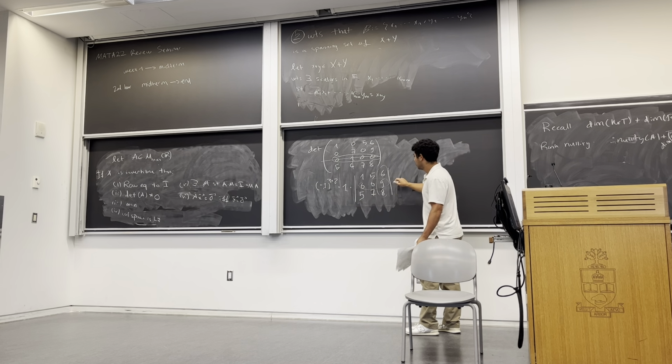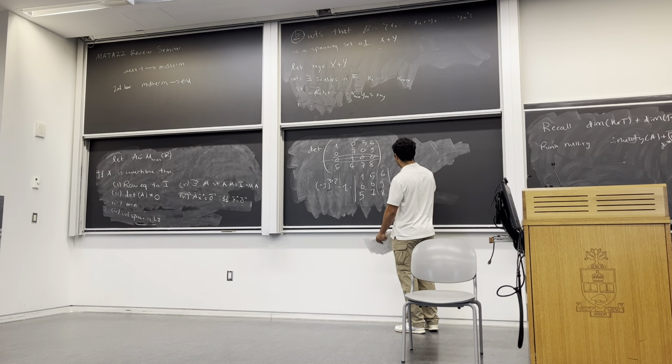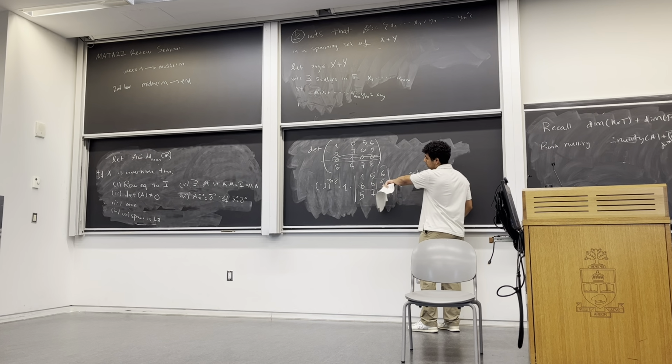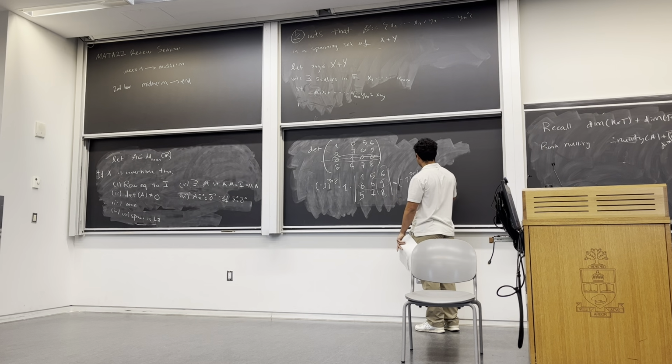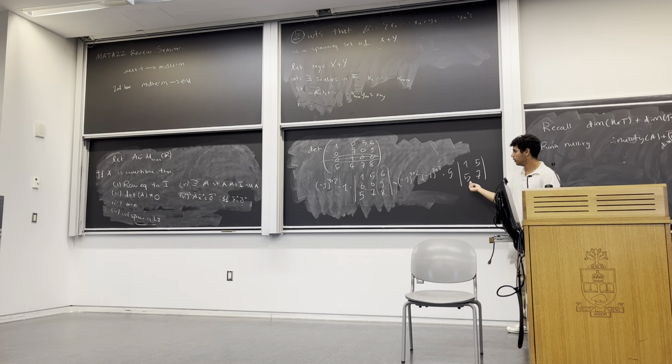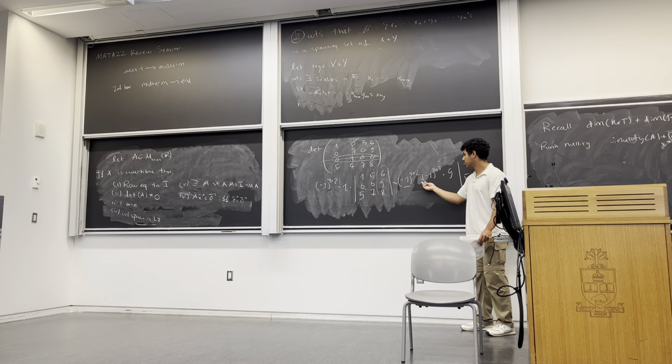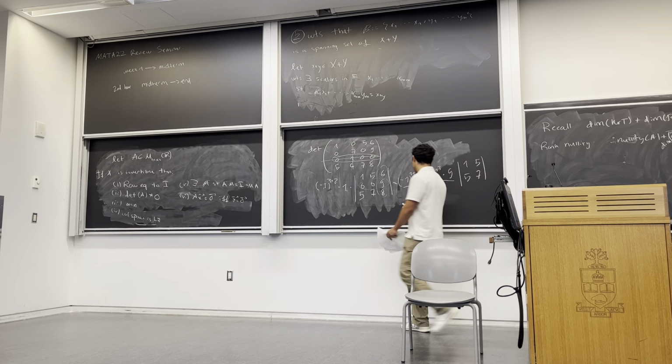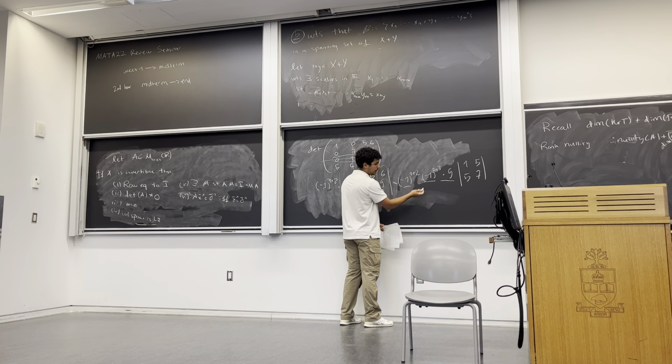So now we have equals negative 1 to the power of 3 plus 2, second column, third row, times 9 times the determinant of 1, 5, 5, 7. We all know how to do this. This is negative 1, this is negative 1, this is 9. So negative 1 times negative 1 is 1.